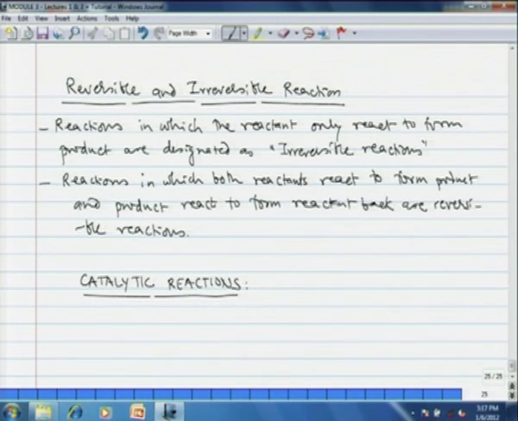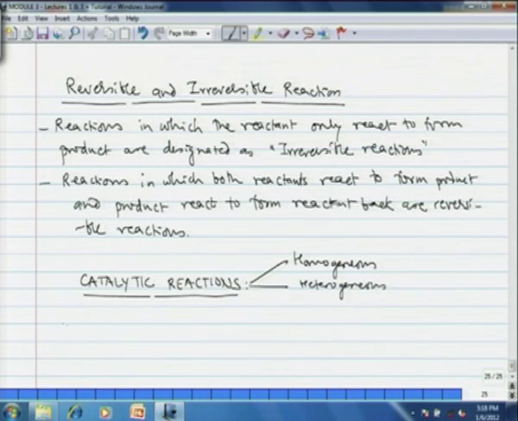Okay. Catalytic reactions, 3 types as I just mentioned: homogeneous catalysis, heterogeneous, and third is biological, but well, it can be put in the same category. So, we shall say 2 categories instead of 3, homogeneous and heterogeneous.